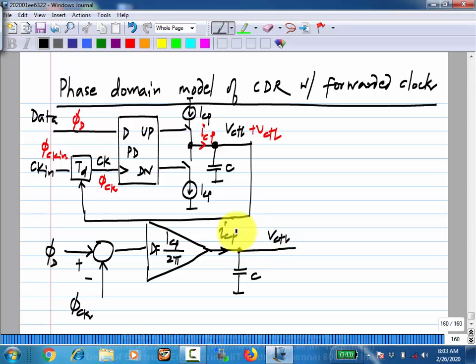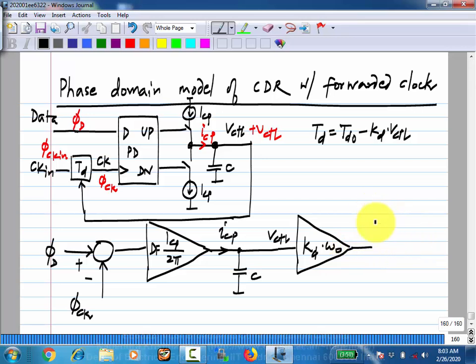And now this V control changes the phase of the clock. What it does is it gets multiplied by Kd times omega naught, where Kd is the proportionality constant of the delay line. We assume that this Td is some Td0 minus Kd times V control, okay. So the delay corresponds to a phase when it gets multiplied by omega naught.